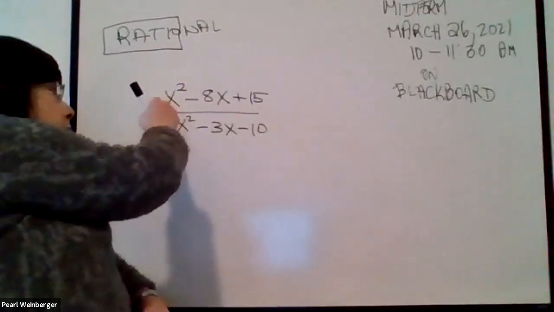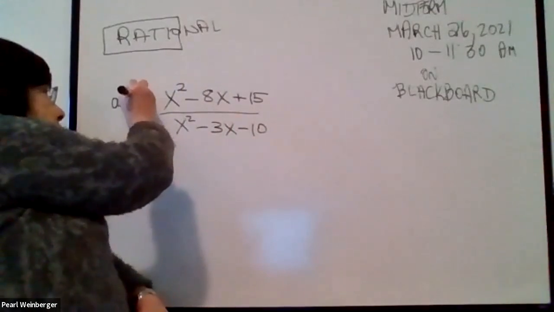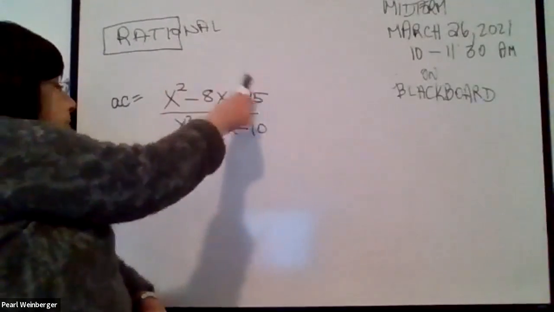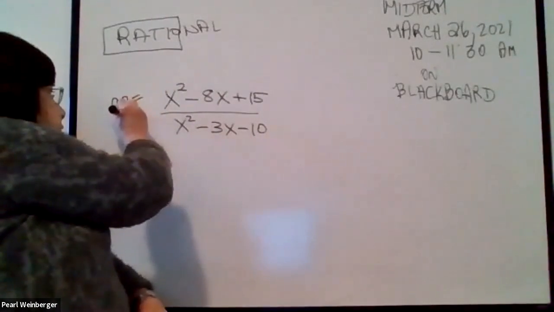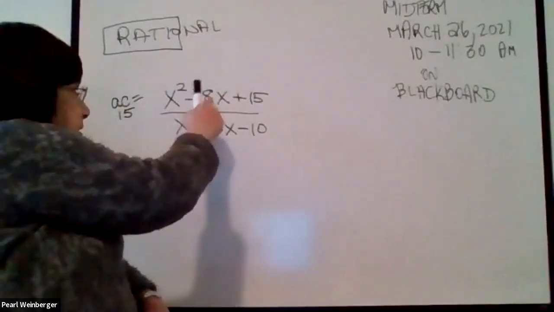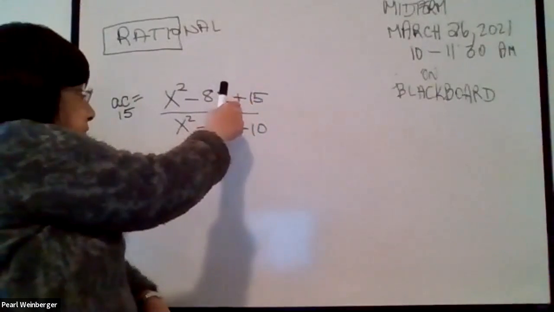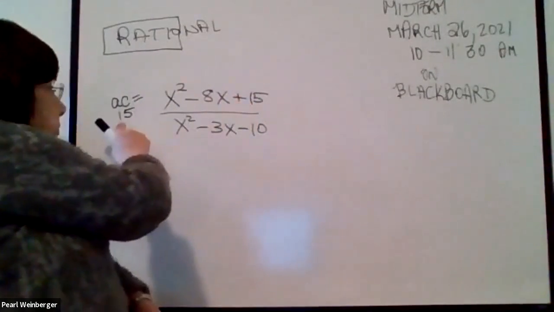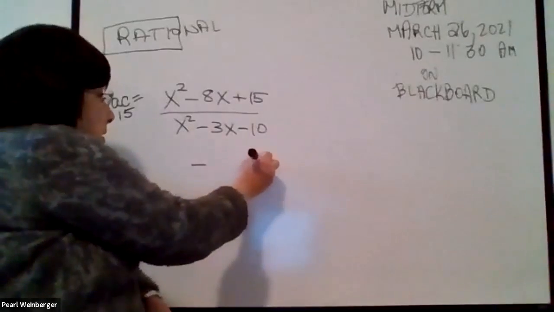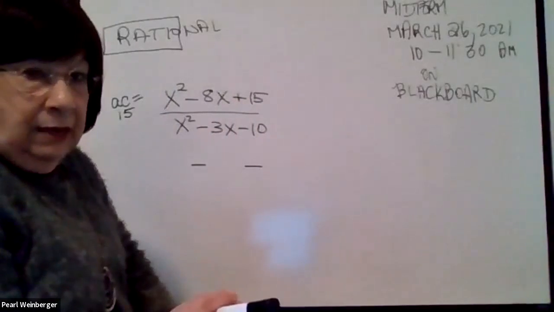Okay, remember when we're factoring the numerator, we figure out what our AC is, because this is a trinomial. 1 times 15 is positive 15. So I need to look for numbers that multiply to 15, and they're both going to be negative, since it's a positive 15, both signs have to be the same.